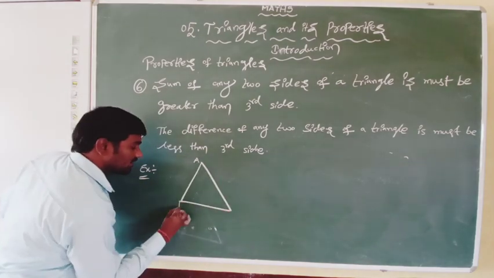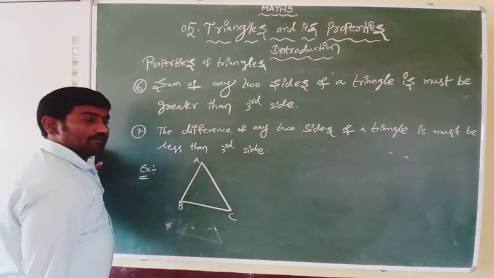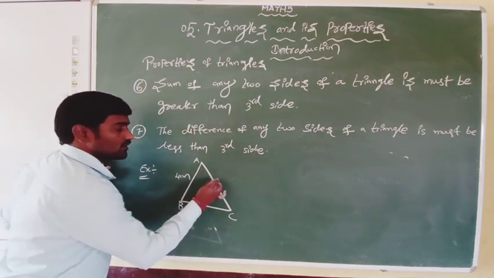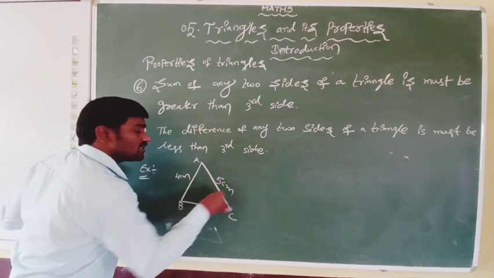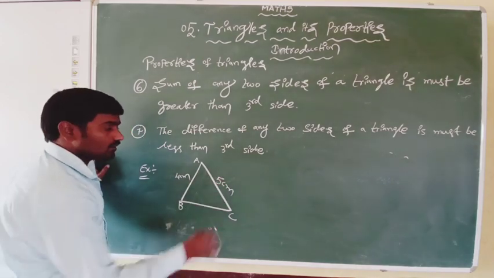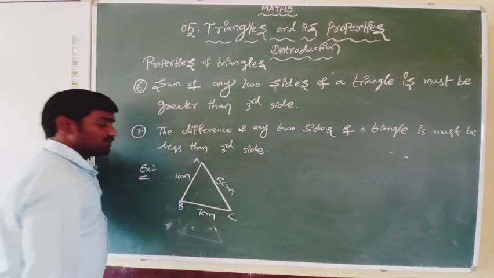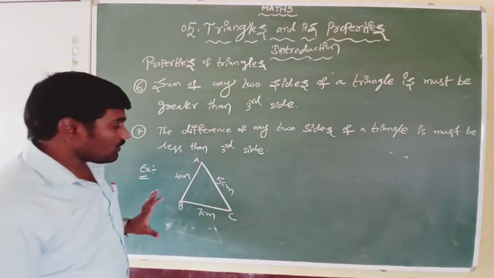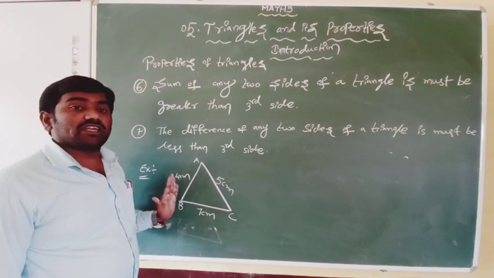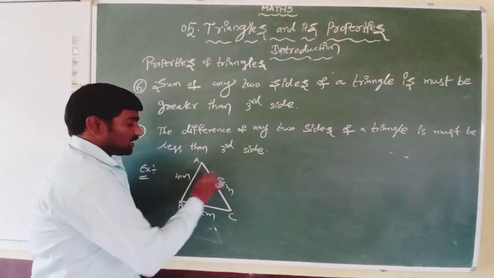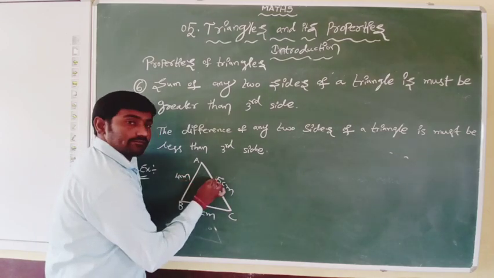Suppose here ABC is a triangle. Suppose AB equal to 4 centimeter, just for example, AC equal to 5 centimeter, and here suppose 7 centimeter BC. Is it a triangle now? Can it form a triangle? Let's see. Sum of any 2 sides. Let's add these 2 sides.